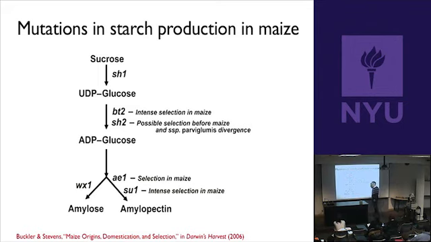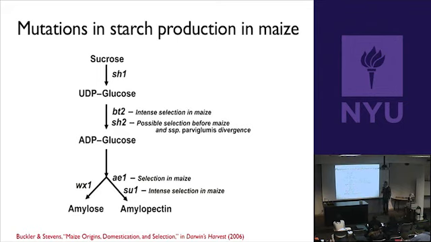And so this is the waxy gene of corn, okay, and mutations in it have been associated with a change in this balance. So if you decrease the function of waxy, you get more amylopectin, and if you increase the function of waxy, you get more amylose. And then there are these two other genes. You can also see on this biochemical pathway diagram that at least a few of these have evidence that they were under selection during the domestication process.